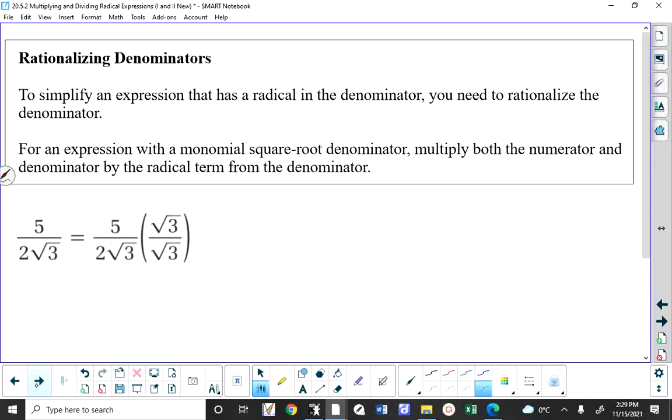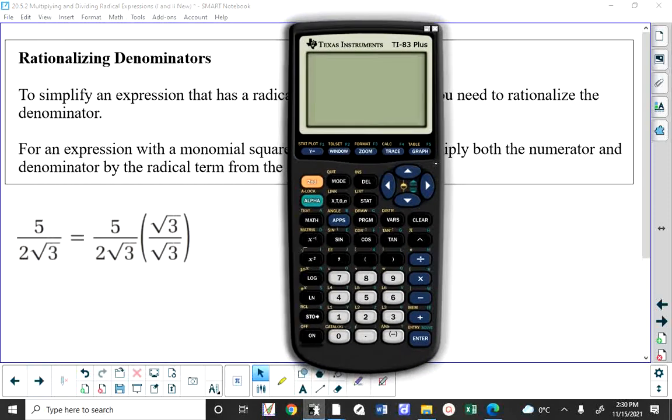Can somebody explain to me why, by doing that, I'm not changing the value of the expression? Because 5 over 2 root 3 has a certain value. I'm going to show it to you. Five divided by, I better put the 2 root 3 in brackets because it's two things multiplied together. 2 root 3.